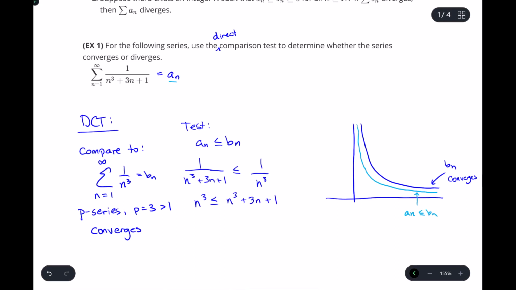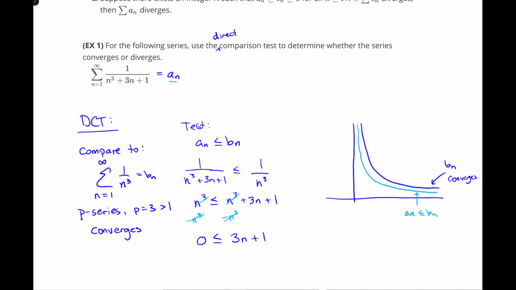Then I could subtract n cubed from both sides, and it would cancel that term on each side. I'm left with 0 is less than or equal to 3n plus 1. For n greater than or equal to 1, 3 times a positive number plus another positive number is always going to be bigger than 0. So at this point, you can be certain that this inequality holds.